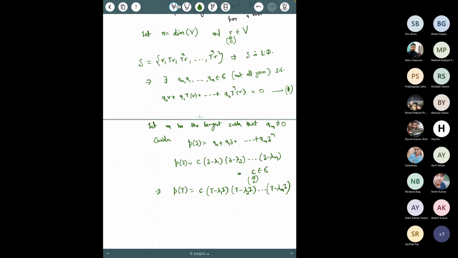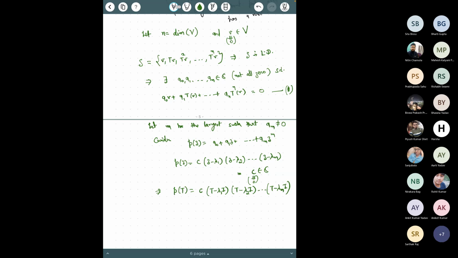So I'm not saying that this C has a particular value here, because I don't know what kind of polynomial it would be, what would be the C, and what are these factors. What I know is that since this is a polynomial over C, it will have this kind of factorization because of the fundamental theorem. I'm just using that. I don't care what this C is.